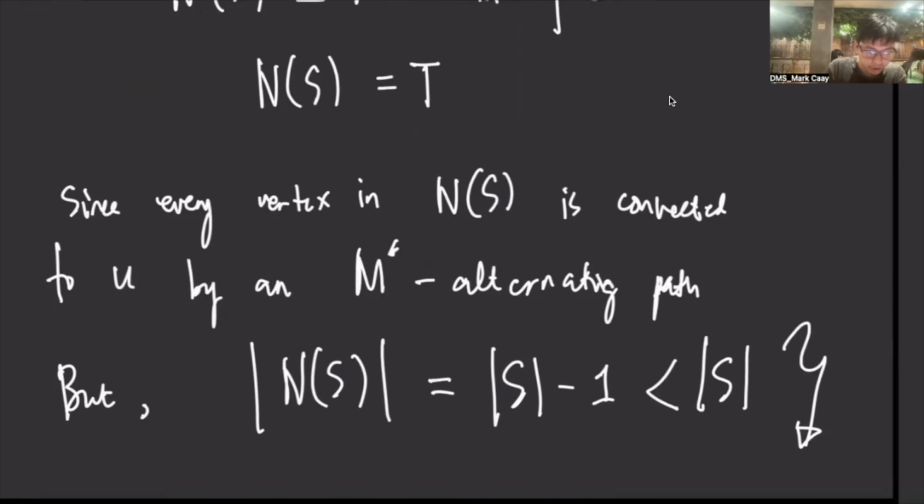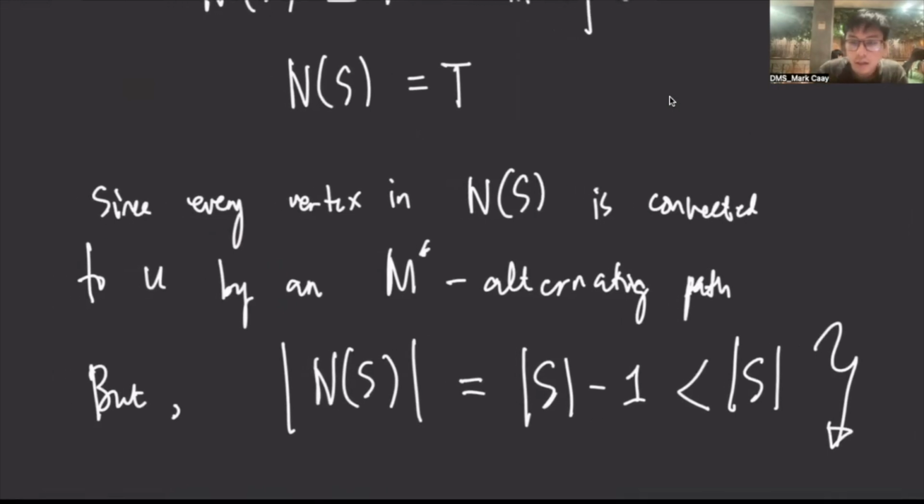Therefore, the assumption that G does not contain a matching that saturates every vertex is actually false. So therefore, G contains a matching that saturates every vertex. So that's it. If you have any question or clarification, please let me know.